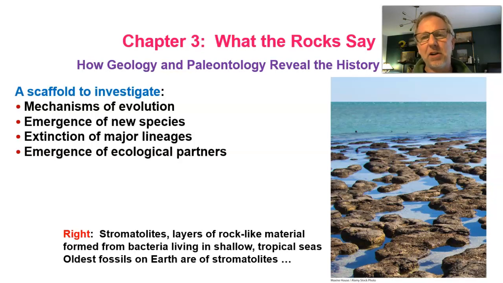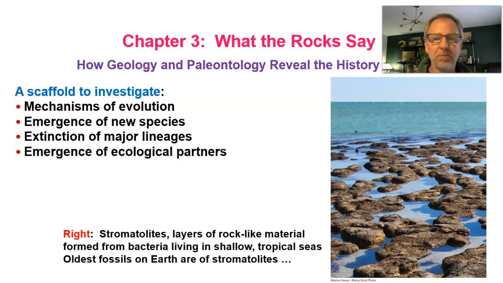Now, the image on the bottom right-hand part of your slide here is of some living stromatolites. Stromatolites are layers of rock or rock-like material formed from biofilms of bacteria, most especially cyanobacteria, but other types as well, living in colonies.